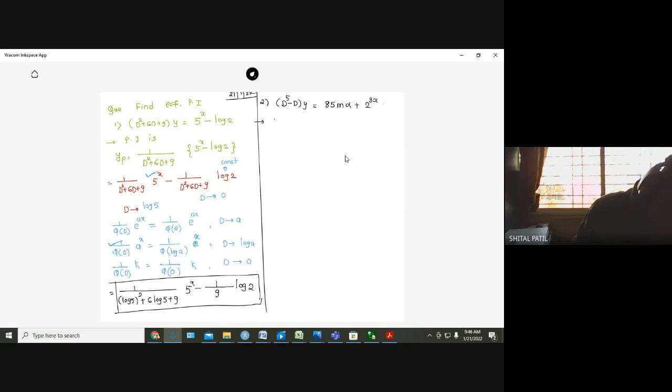So write down. How can we write 2 raised to 3x? Okay, 8 raised to x.